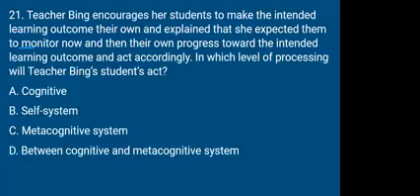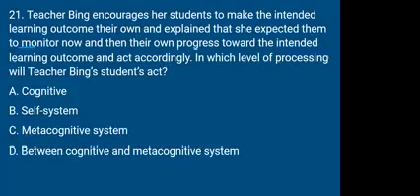Okay, so ayan. So si Teacher Bing daw encourages her students to make the intended learning outcome their own. Ayan. So sabi niya, monitor now and then their own progress toward the intended learning outcome and act accordingly. Okay, so I can see letter B, try to read again, try to analyze. All right. So is it A, cognitive?